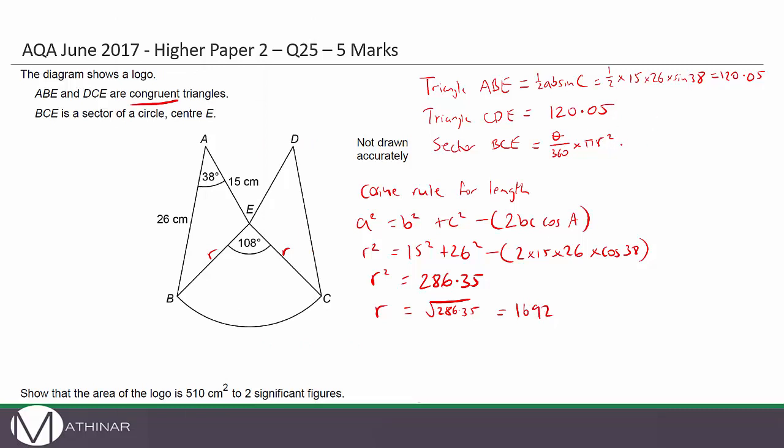So we can now substitute into this formula here. So theta is 108 divided by 360 times pi times 16.92 squared.